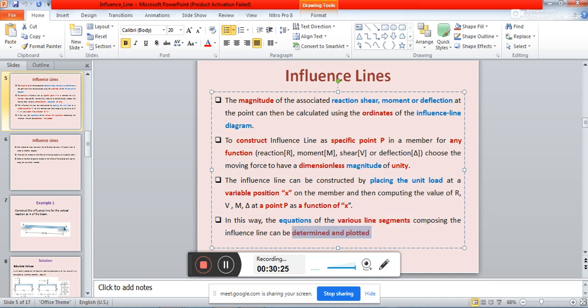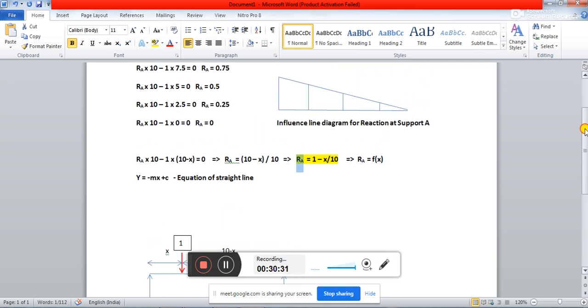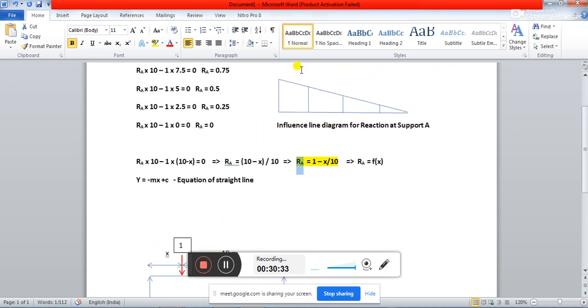Okay, now from this you can see it can be very easily plotted. If we plot this influence line diagram for the reaction at A, it can be very easily plotted. And what can I do? I can say at x equal to 0.